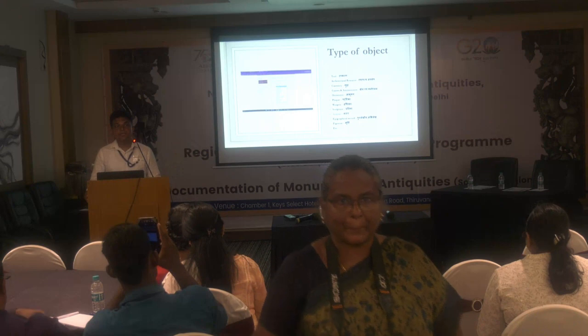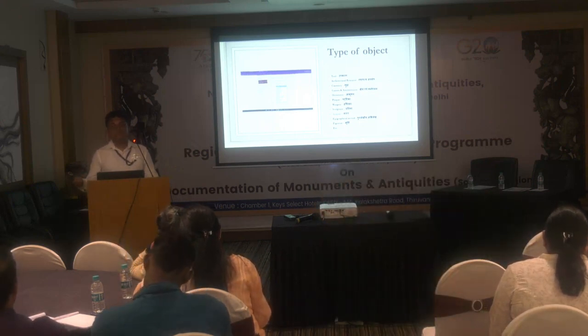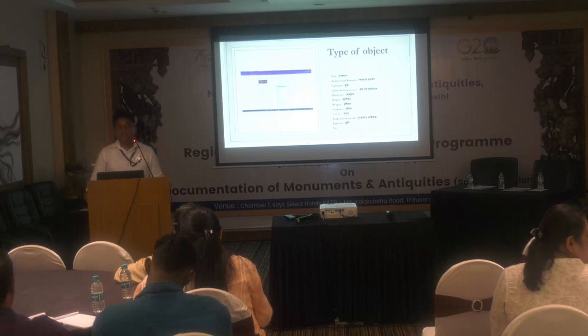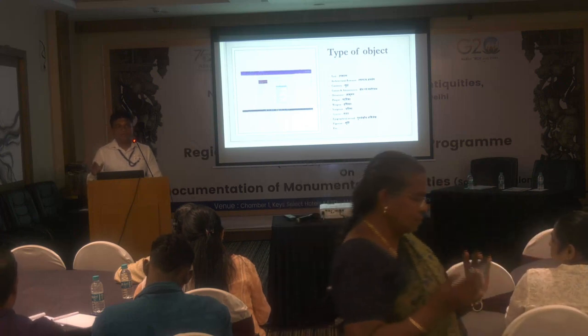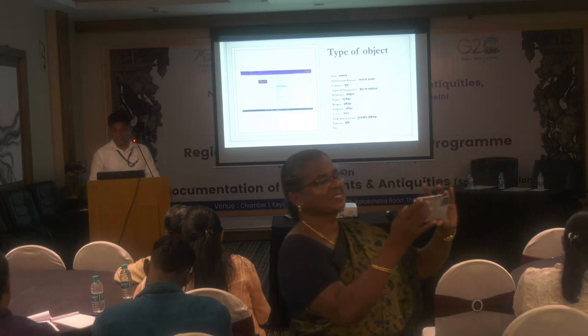If we are documenting a coin, the type will be currency. In the NMMA website or portal, there are also drop downs which help with documentation. All the important or basic types are given in a drop down list.